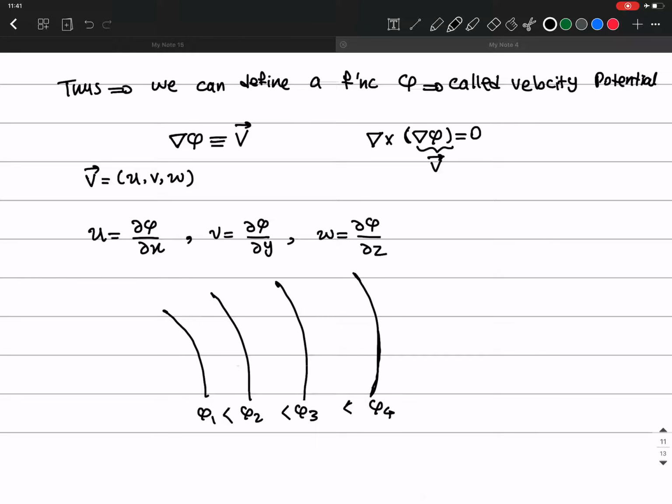Then the velocity is going to go from low potentials to higher potentials. So here, for example, let's say this is x and this is y, partial phi over partial x is positive. So we need to have a u, a velocity vector in this direction, and it's going to be something like this here.